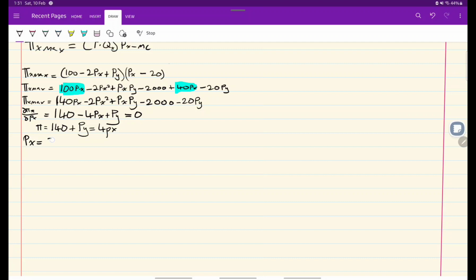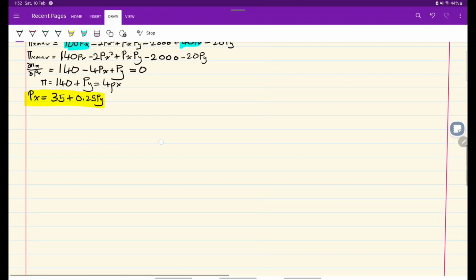We have 35 plus 0.25 Py. And that is firm X's best response function for Py.